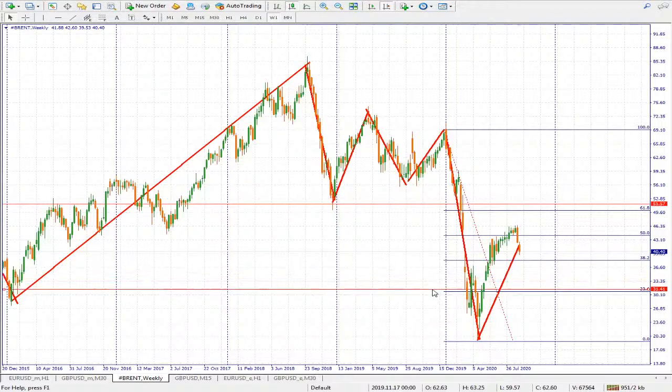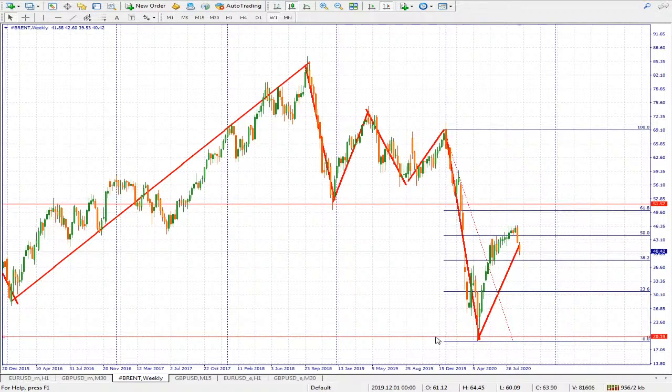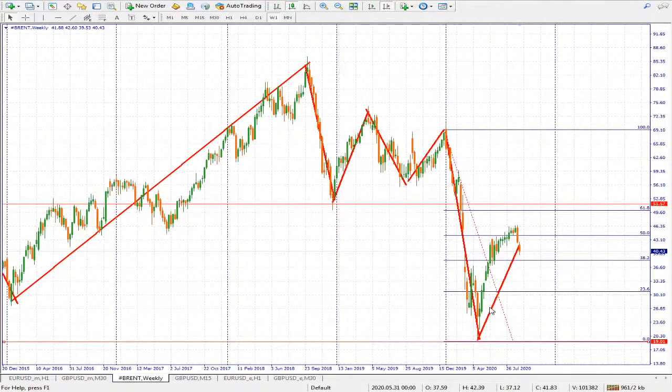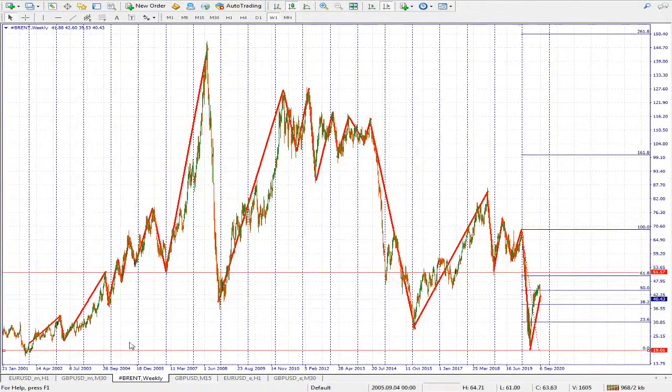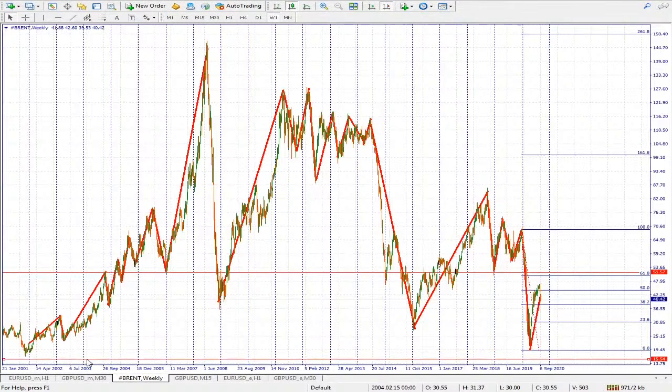The next level again is 31.0, and then the last level is 0.0. So this should be around 19.21. This is the lowest low so far. If the price can break below this low, then we do expect a continuation much lower up to around this point. This is the lowest low so far.